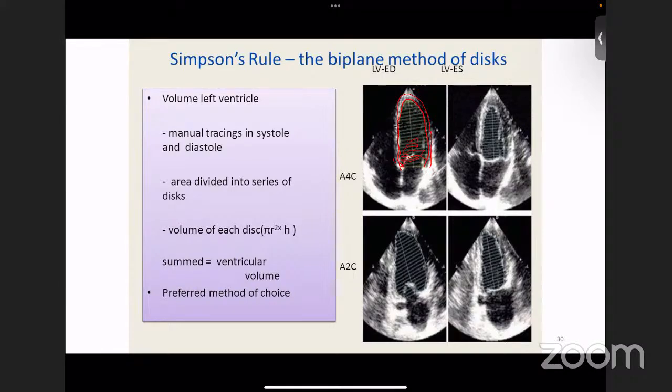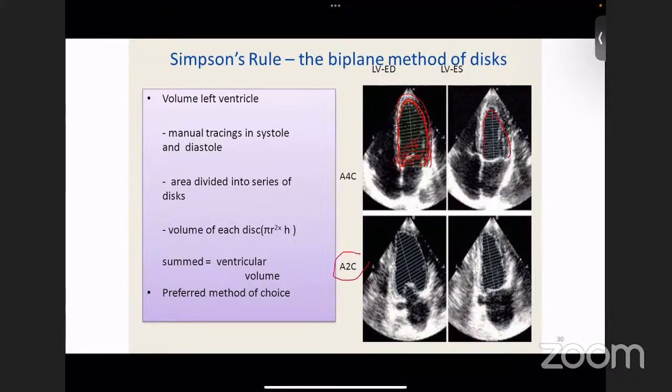Then you say calculate, and this image is formed. This is the volume calculated in diastole in the 4-chamber. Then similarly you scroll the image to get a systolic view and do the same thing, and you get the volume of the LV in systole in the 4-chamber.